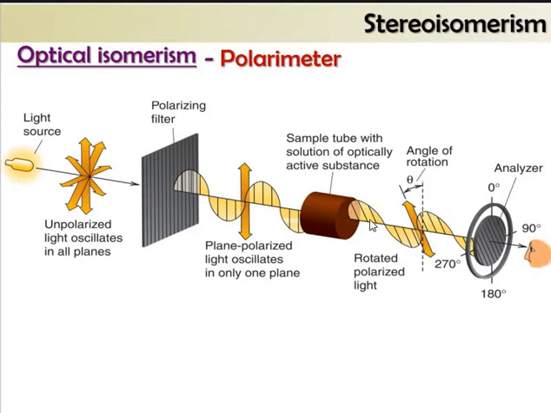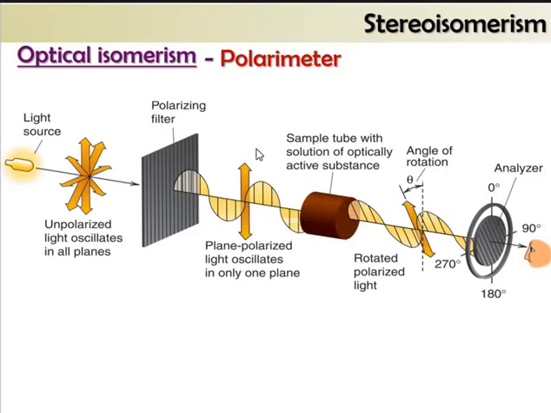Sebab apa? Sebab the sample here is an optically active substance. Kalau dia bukan optically active, dia tak boleh rotate the plane polarized light.